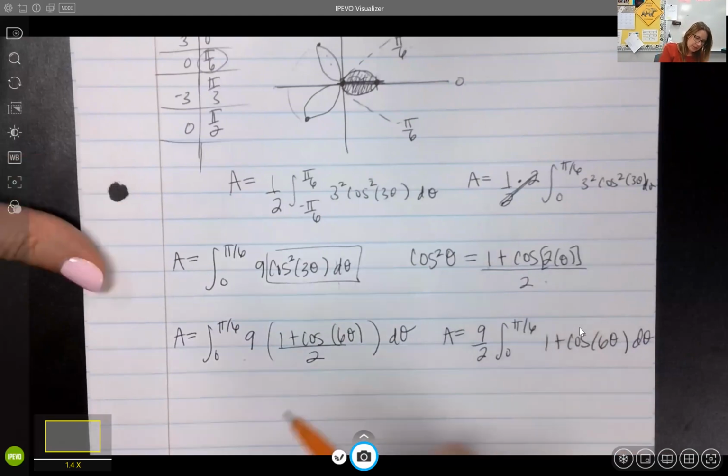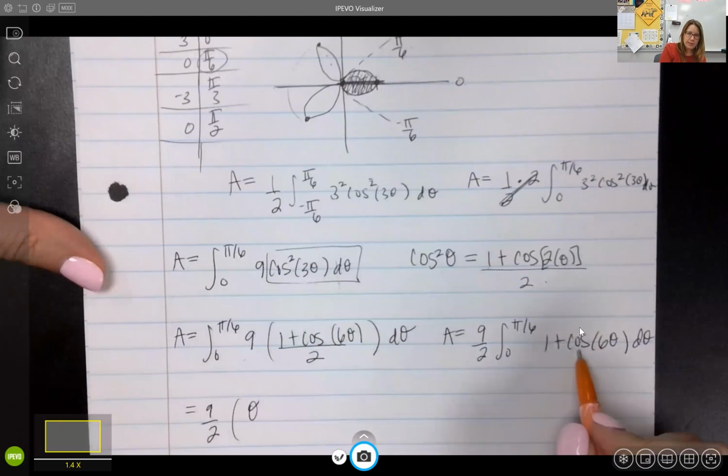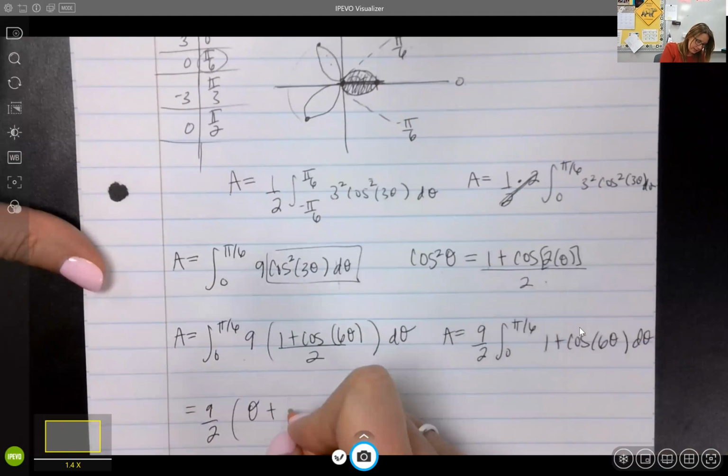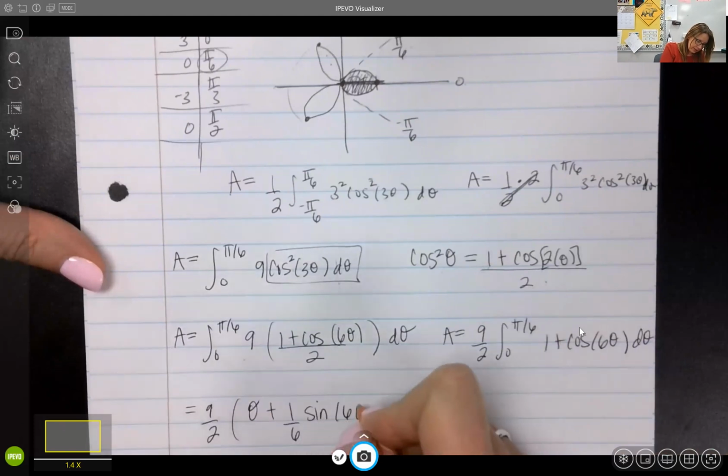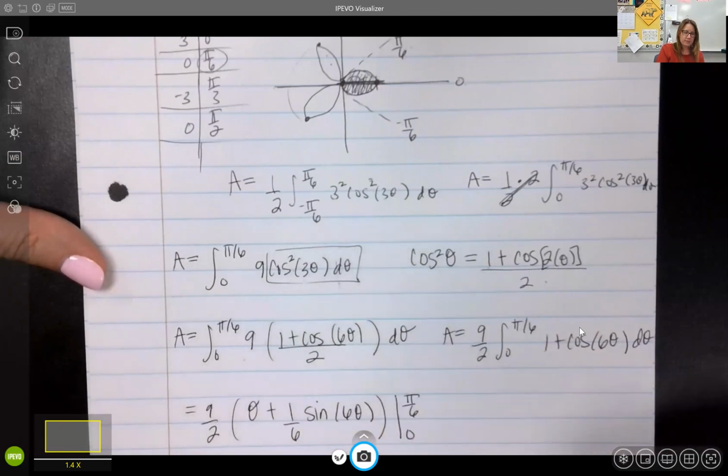So now I'm going to take this integral. So I get 9/2, and the integral of 1 is just theta, and the integral of the cosine of 6 theta is 1/6 times the sine of 6 theta, and that's evaluated from 0 to pi/6.